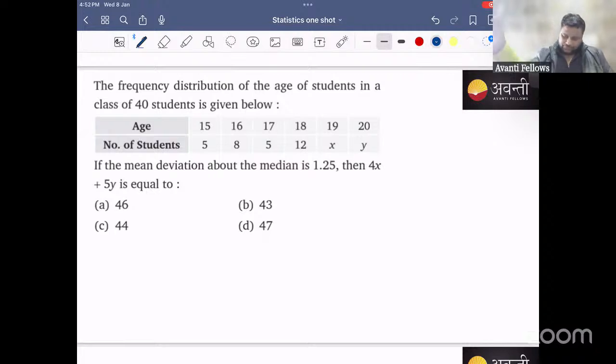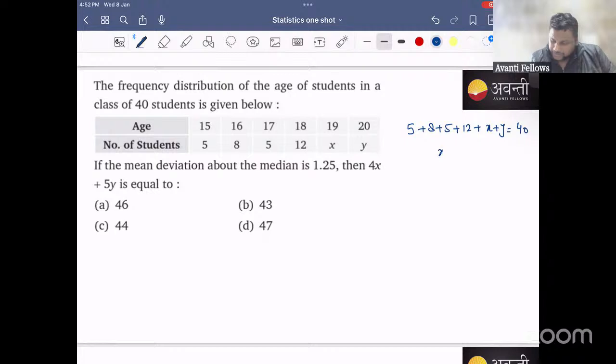Now see, how many relations do I have? First of all, the number of students: 5 plus 8 plus 5 plus 12 plus x plus y. This value is the total of 40 students.